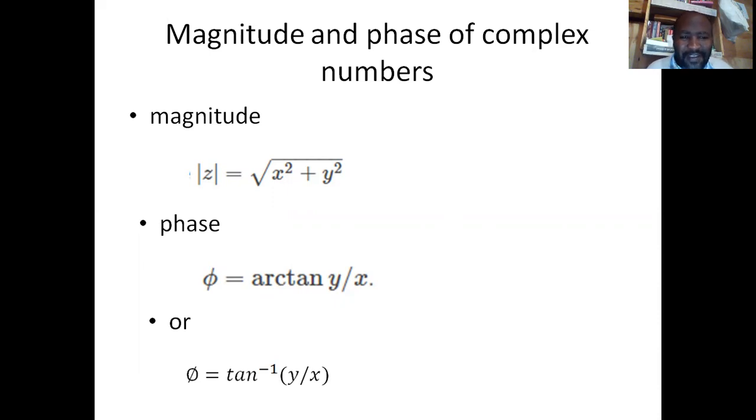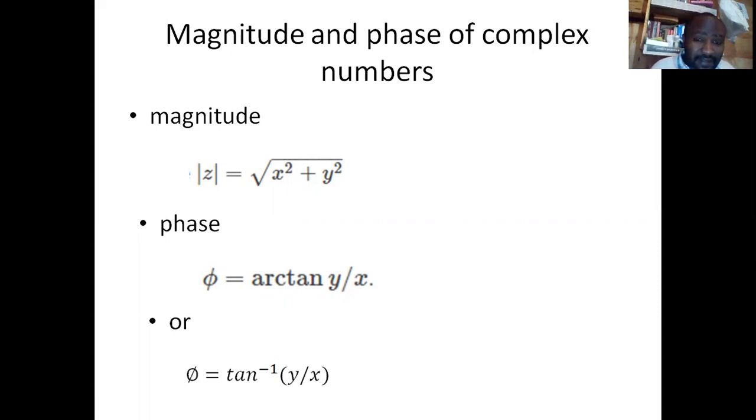So how do you get the magnitude of a complex number? If we are talking of magnitude, then we denote it by putting the complex number between two vertical bars. If it is surrounded by two vertical bars, then we understand that you are talking of the magnitude of the number.